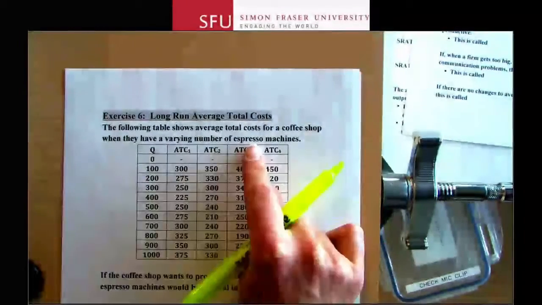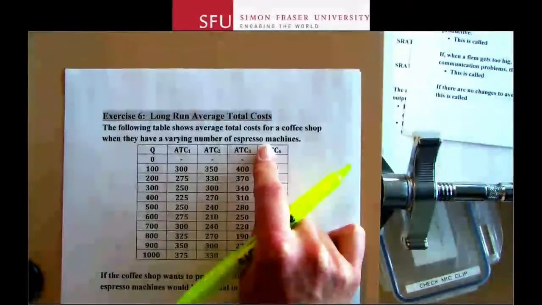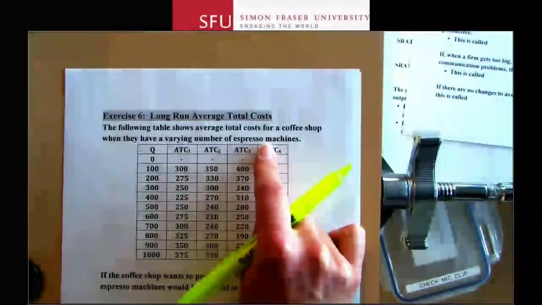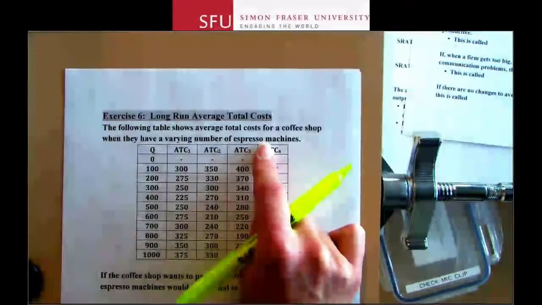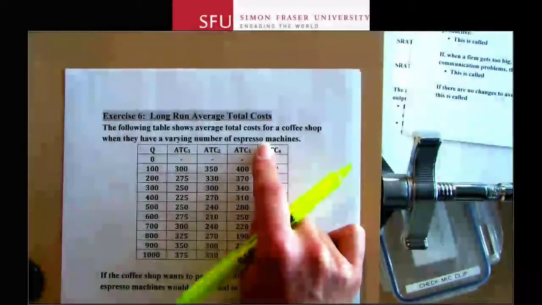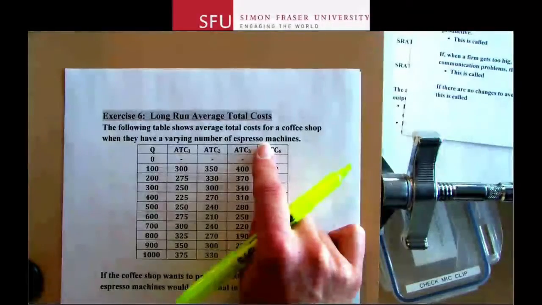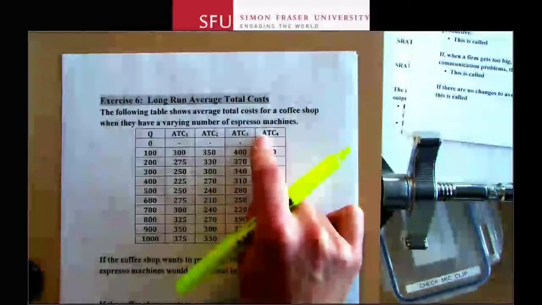So espresso machines would be the capital, which would be fixed in the short run, and then in the long run they could change the number of machines. Now, the long run for them wouldn't be very long. It's not too difficult to go get another espresso machine, but you can't get it within the day, for example. You'd have to source it out and find the best one. It might take several days to do that.